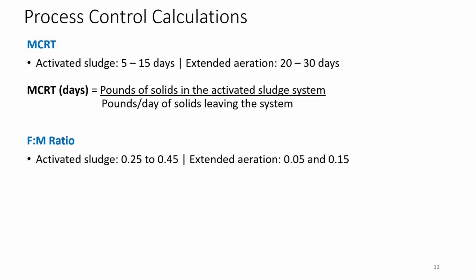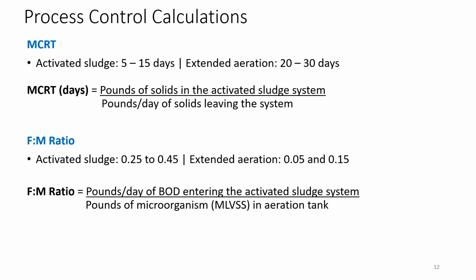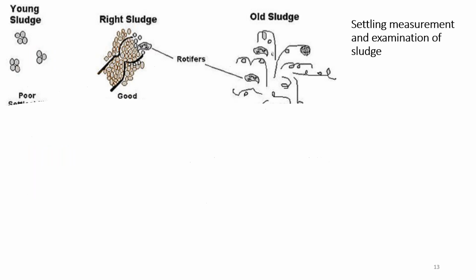So for every 20 pounds of microorganisms, there's 1 pound of BOD. The FM ratio is calculated by looking at the pounds per day of BOD waste that's actually entering the system from that primary effluent, and we divide that by the pounds of microorganisms that are in the aeration tank. So that's just kind of a review of that.